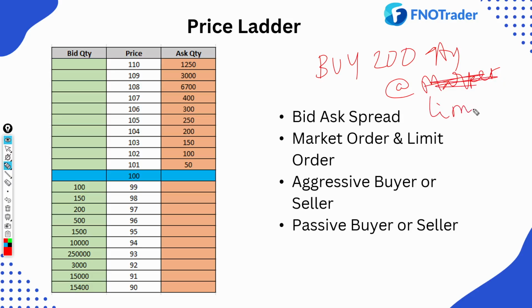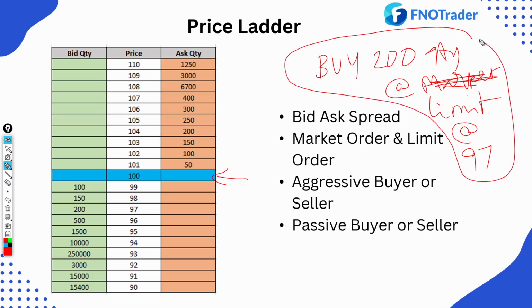First we'll talk about what happens with a limit order. I'll say buy 200 quantity at limit. Currently the price is here, highlighted in the blue color. Limit means I have to specify the price as well. Now I'll say buy at, let's say, 97.